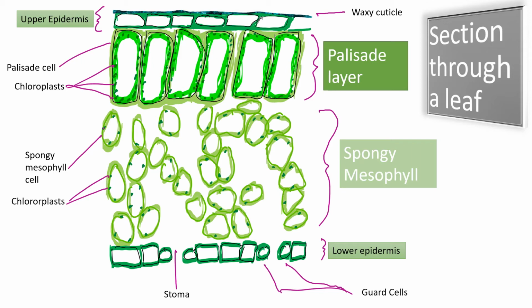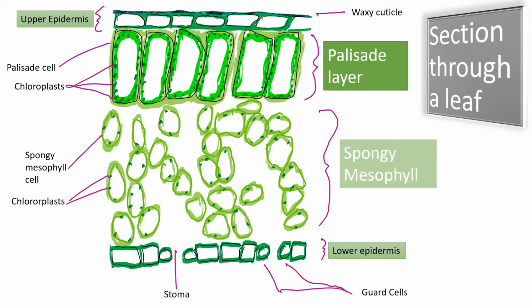But it allows gases to enter and exit the leaf. There are some stoma on the top, not shown on this diagram because they're fewer in number on the upper epidermis, but they do exist. And if you look at a leaf under a microscope, you can usually see them quite clearly.